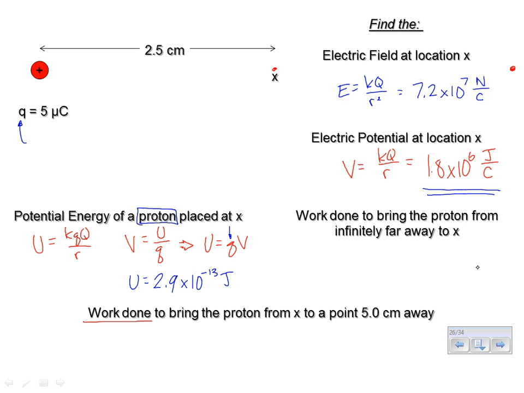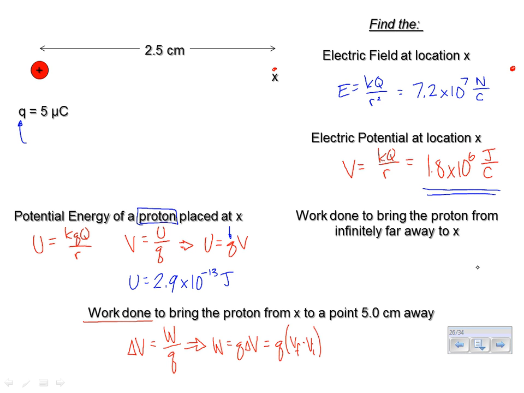that delta V, potential difference, by definition, is the work done per unit charge. Or we can say that the work done is Q times delta V. Or we can say that it's Q times V final minus V initial.